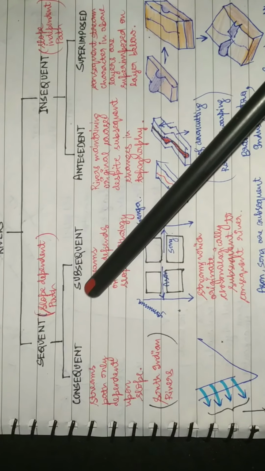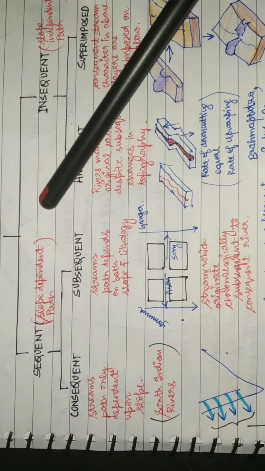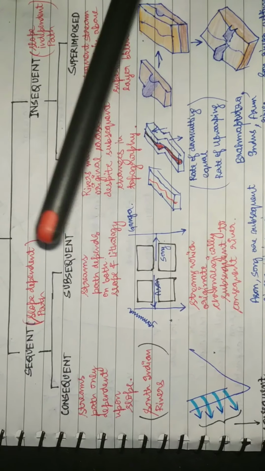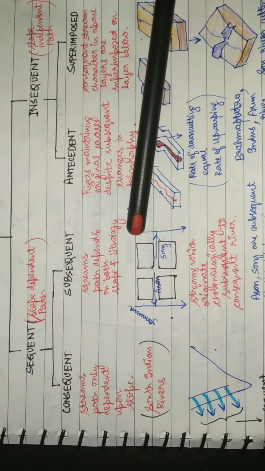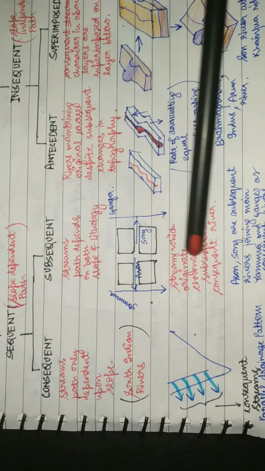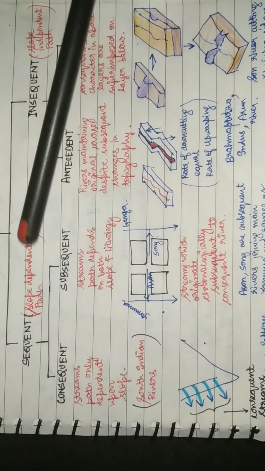Subsequent, the prefix sub here means after. So the stream depends both on slope as well as lithology. The streams which originate chronologically subsequent to the consequent rivers are subsequent rivers.